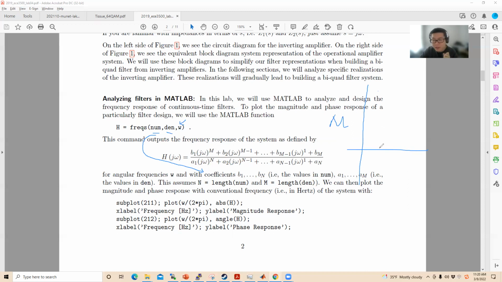So this omega is to define the range of frequency. That's omega for the x-axis.